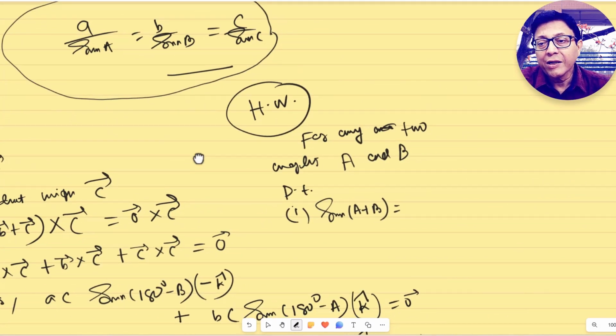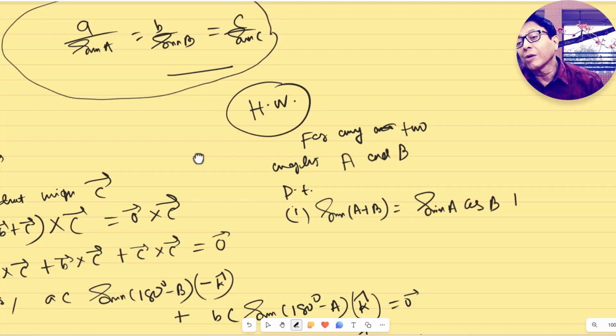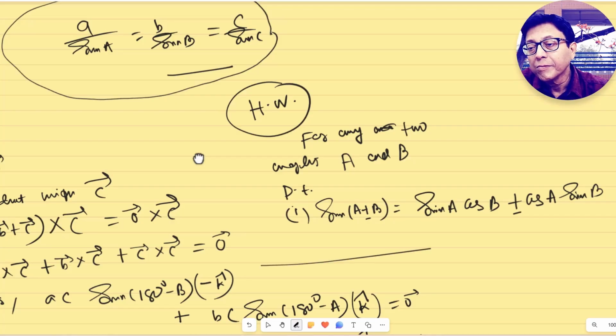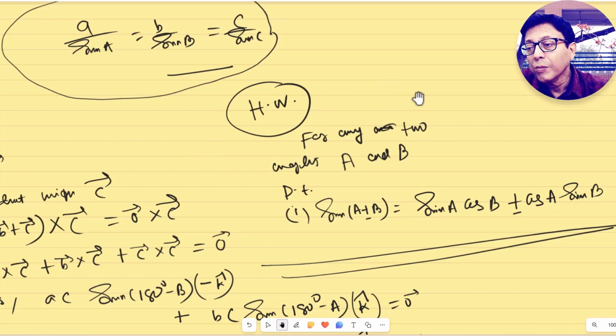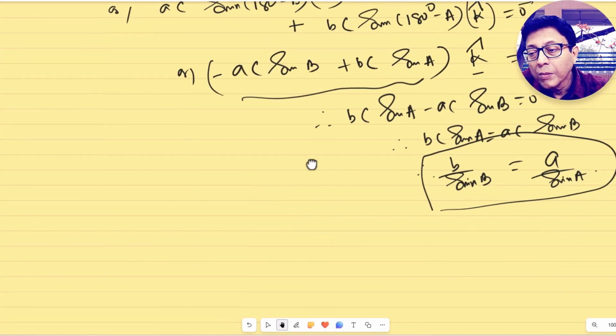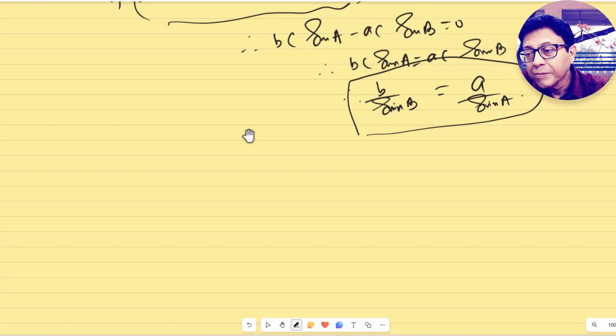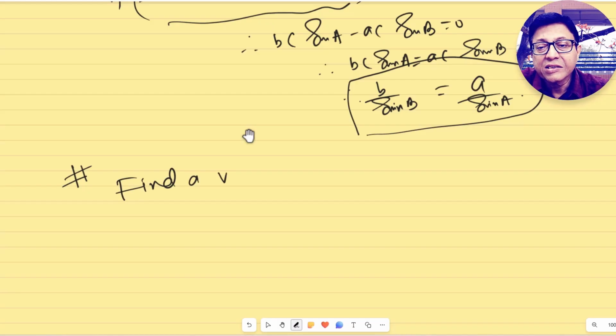You must try to prove this one also. This will be your homework. And if you are not able to do it, you write in the comment box. That is, prove by vector method, for any two angles A and B, prove that number 1, sin(A plus B) is what?